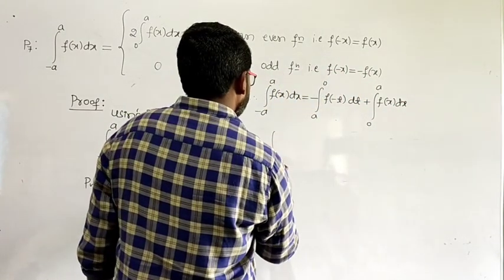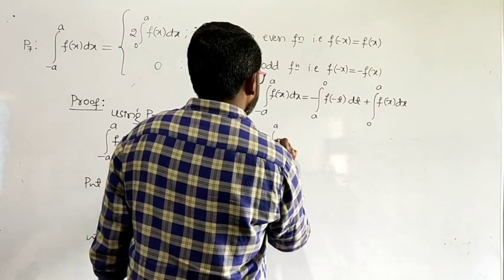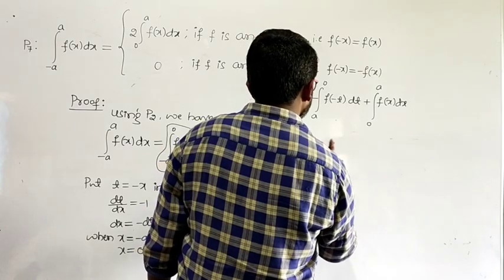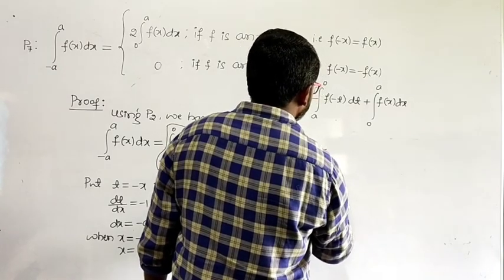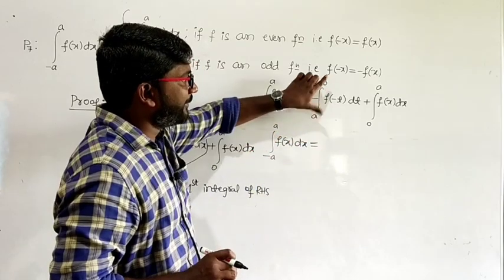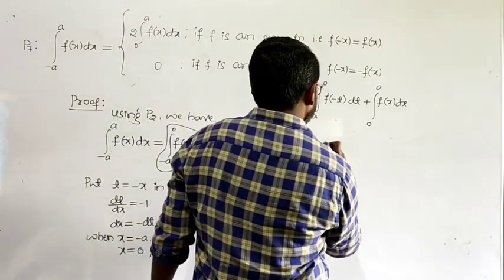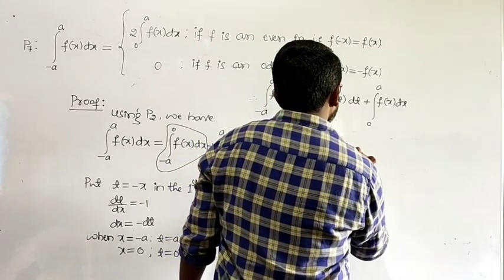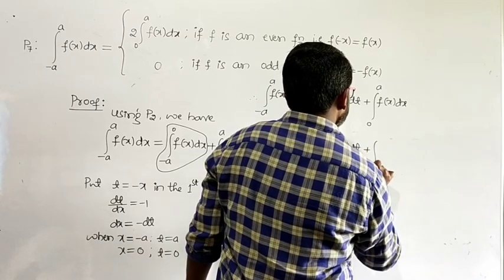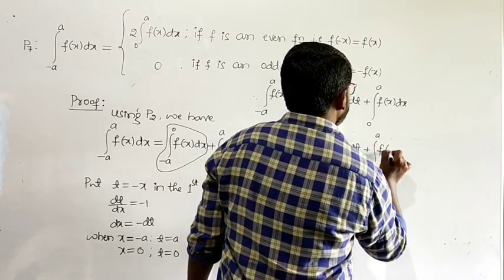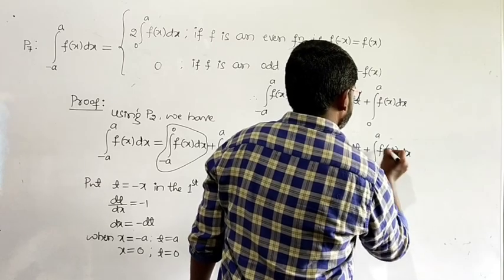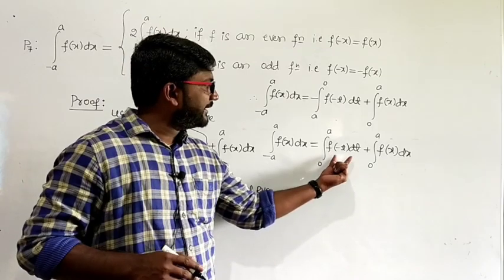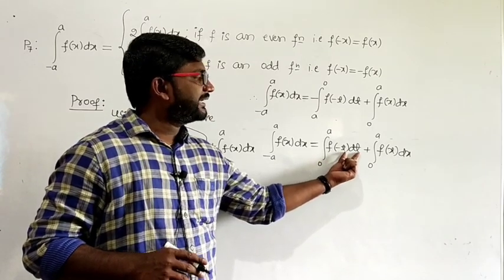Now integral minus a to plus a f of x dx, if you remove the minus sign, you have to interchange the limits. So here we get integral 0 to a f of minus t dt plus integral 0 to a f of x dx. Now by making use of P0, we can write the variable of integration as x.